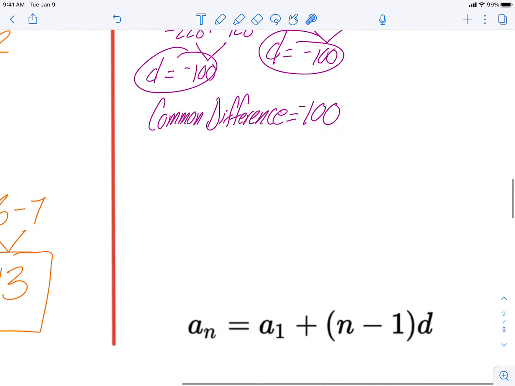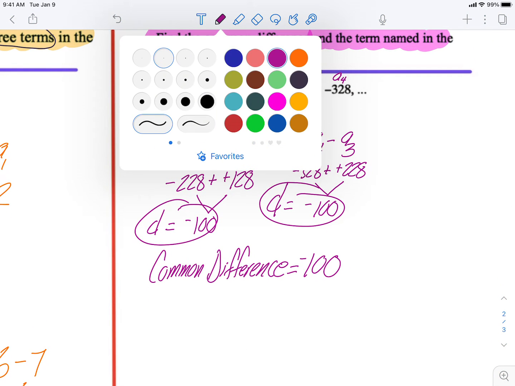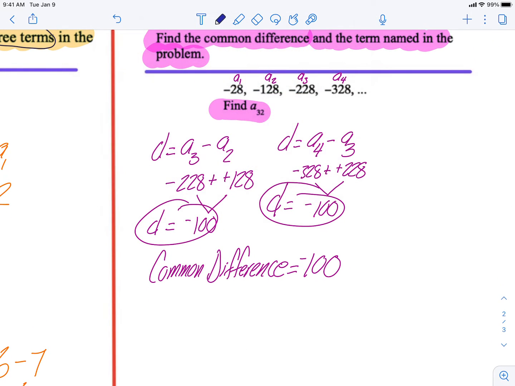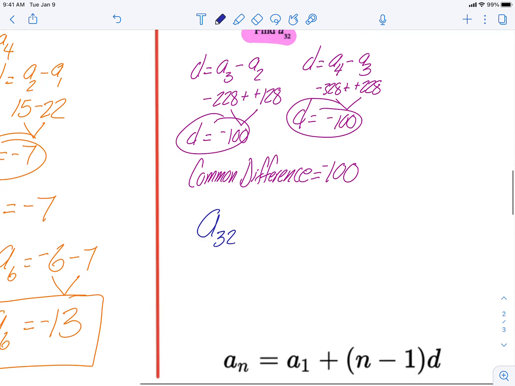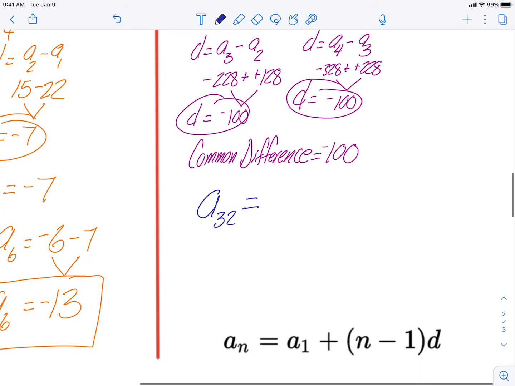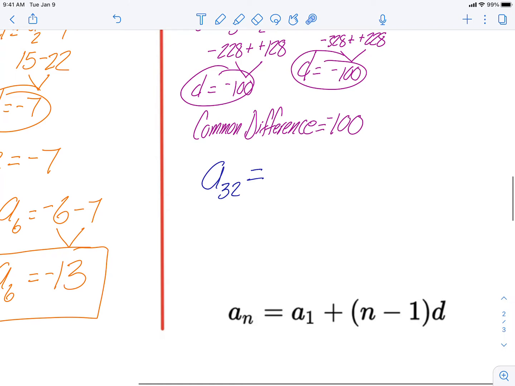Let's do it. So a sub n is the actual term we're trying to find. So I'm going to substitute a sub n with a sub 32. Is equal to a sub 1.